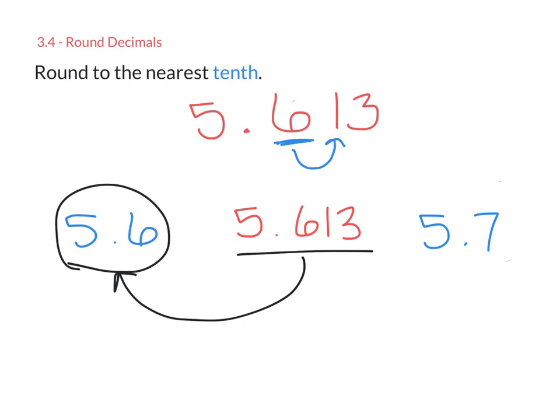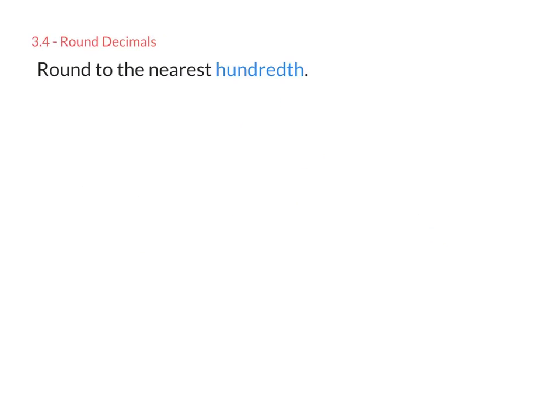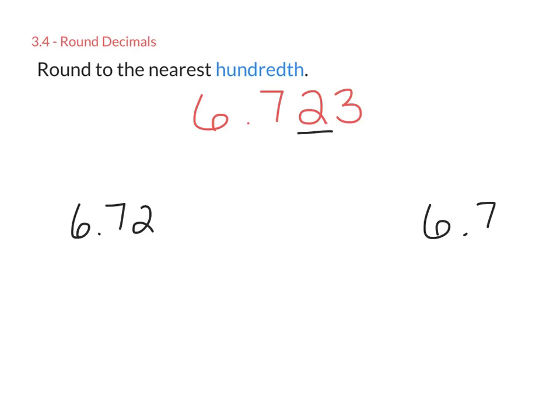All right, so now let's look at rounding to the nearest hundredth. We're going to follow the same steps. 6 and 723 thousandths. We're going to round this number to the nearest hundredth. So the 2 is in the hundredths place. So 6 and 723 thousandths is between 6 and 72 hundredths and 6 and 73 hundredths.